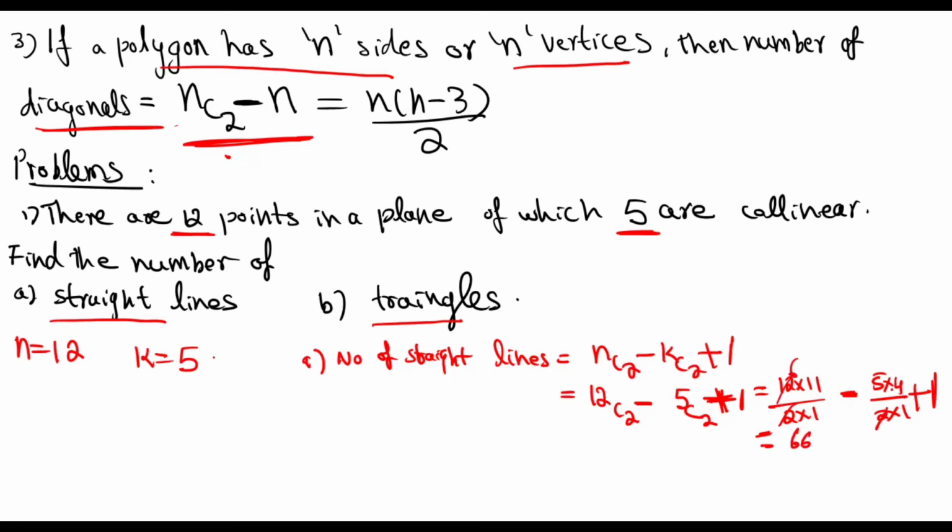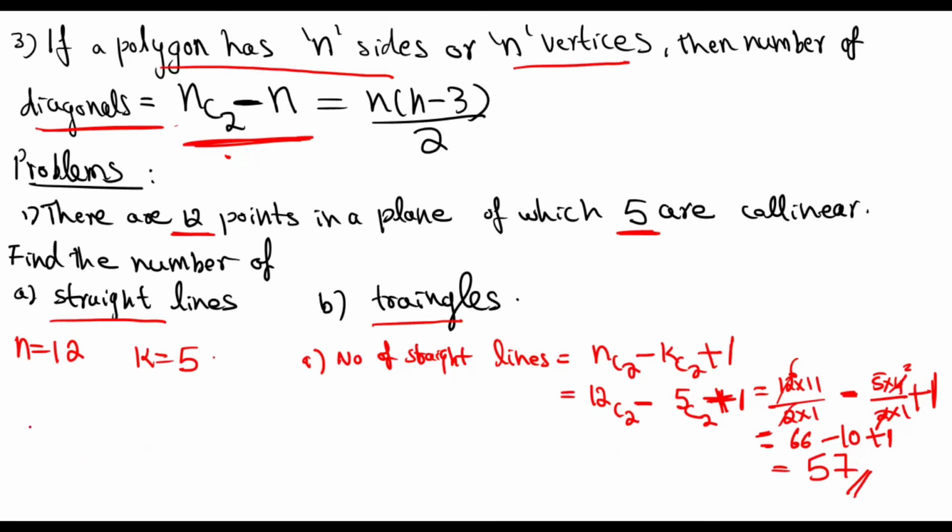Here 2 ones are 2, 2 fives are 10, so minus 10 plus 1. 66 minus 10 is 56, plus 1 is 57. So the number of straight lines that can be formed is equal to 57.